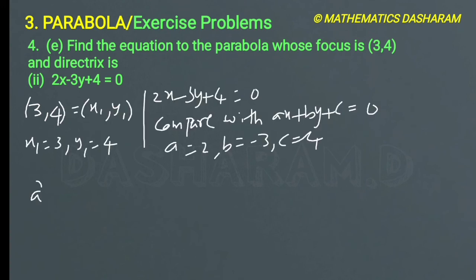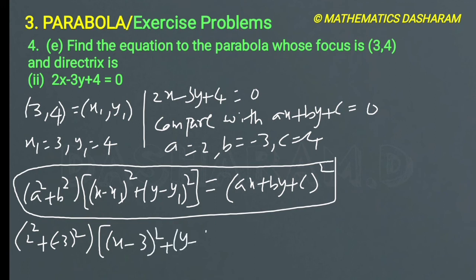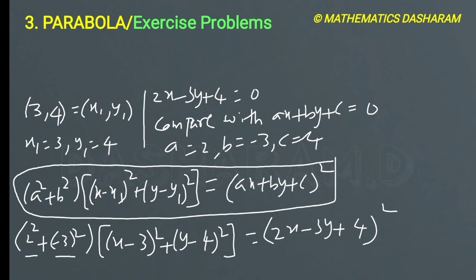So now the formula is a square plus b square bracket of, so a value 2, b value is minus 3, next x minus x1 that is 3 plus y minus y1 that is 4, it is equals to ax plus by plus c, 2x minus 3y plus 4 whole square. So here 2 square 4, minus 3 whole square 9, 9 plus 4 is 13, bracket of a minus b whole square, a minus b whole square.